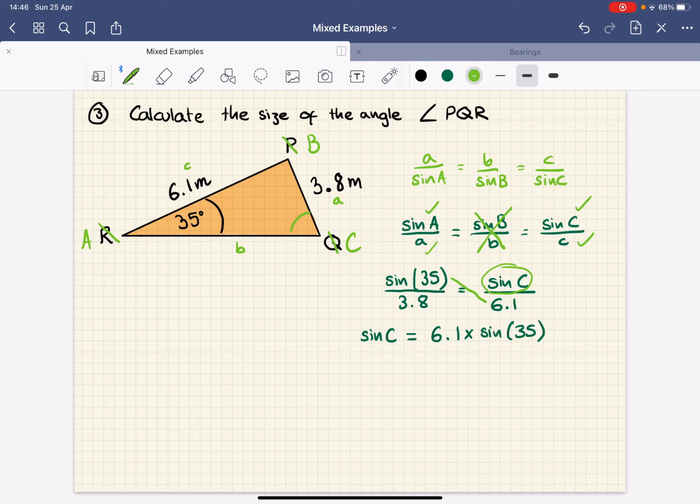And then divide by the last thing on the bottom here. So then that is what sine C is going to equal, but C will just be the inverse sine of all of that.